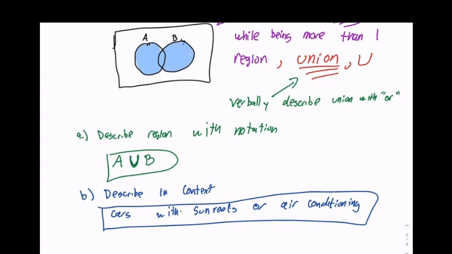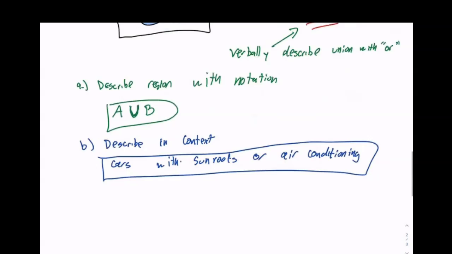But this region is all cars with either, we can even say the word either, a sunroof or air conditioning. And that's because we're shaded inside both of these regions.